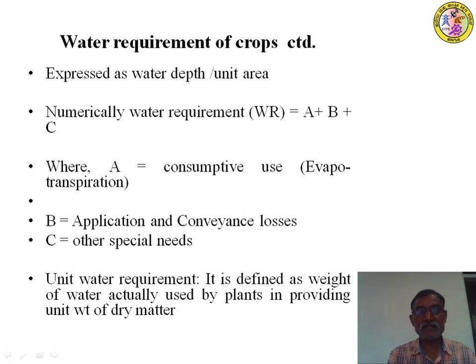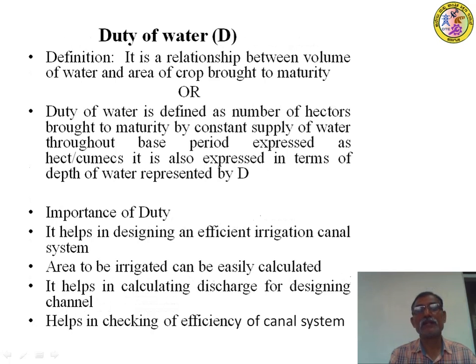And other special needs. Other special needs means for extra irrigation seasons you have to supply the excess water, right? Unit water requirement is defined as the weight of water actually used by the plant in producing a unit weight of dry matter, right?